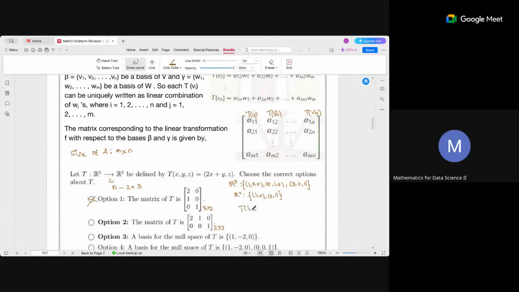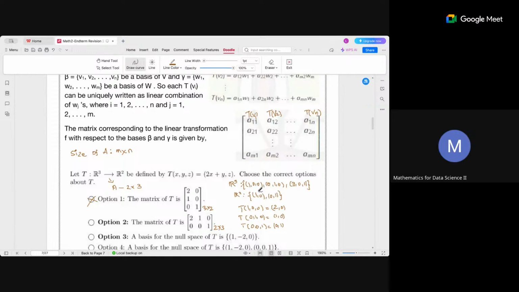So what is T of (1, 0, 0) for this transformation? It is (2, 0). T of (0, 1, 0) is (1, 0). T of (0, 0, 1) is (0, 1).